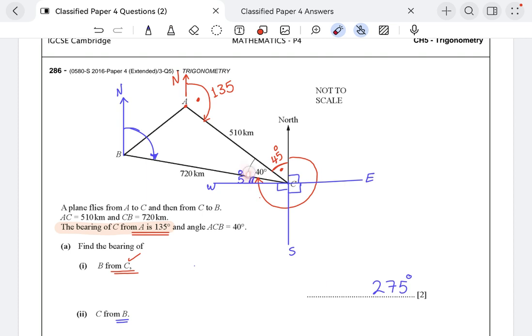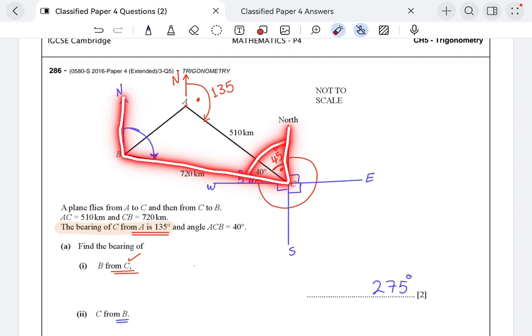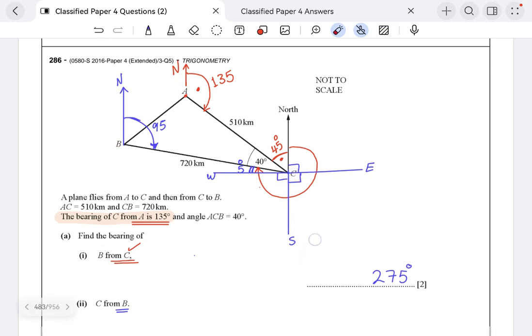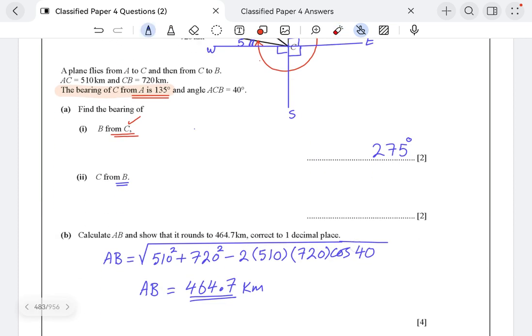If you look at this angle together here, from the north, the transversal, the north, this angle is 85. So what's remaining to 180? It's 95. So the whole angle is 95 degrees. So for the bearing of C from B, if you wrote 95, it's wrong. You have to write it 095 degrees, because a bearing is a three-digit number.